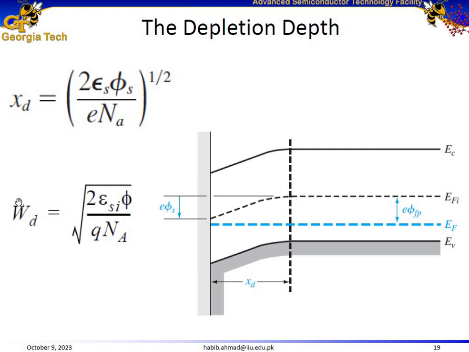Or here is another way of representing, since I told you that the entire depletion width is accommodated inside the semiconductor. So WD is equal to, here is another representation of the same formula.